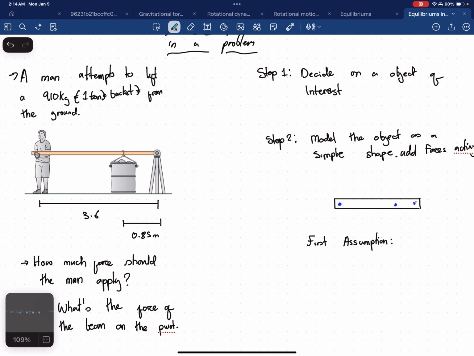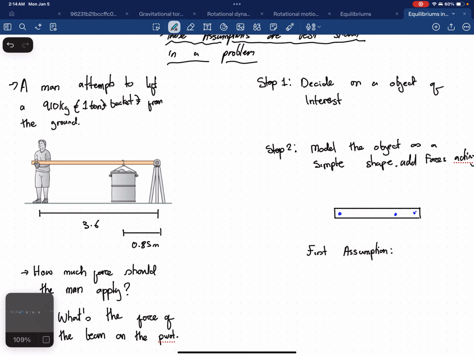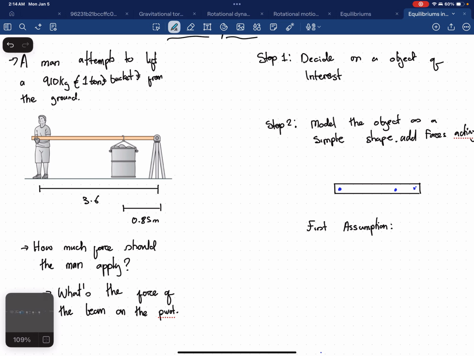So here's our problem. A man attempts to lift a 910 kg bucket from the ground. So that's basically 1 ton, right? How much force should the man apply, and what is the force of the beam on the pivot?